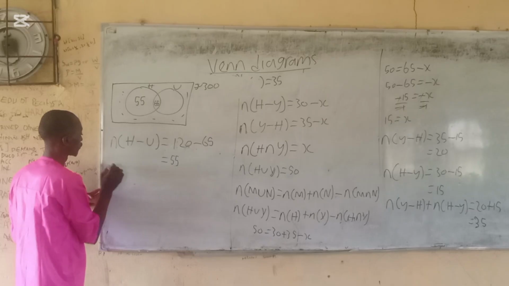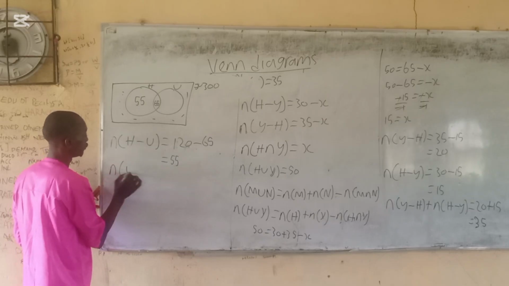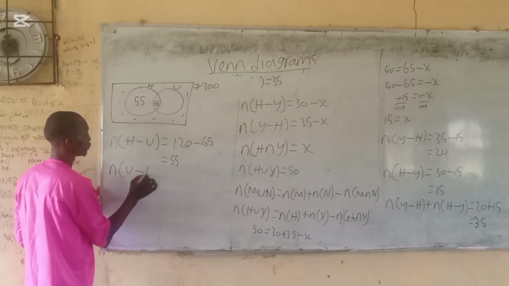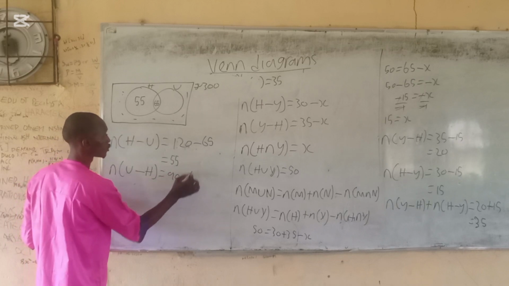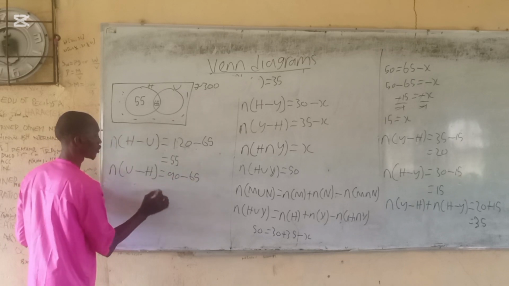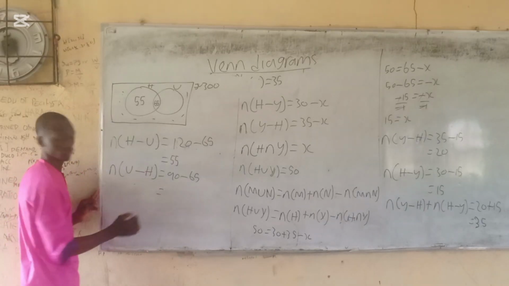And now the number that give us university only: 90 minus 65 is equal to 25.